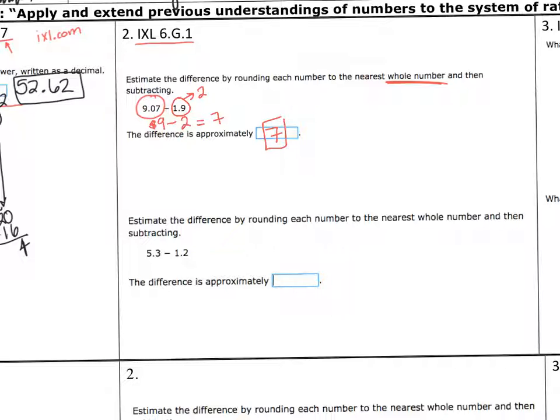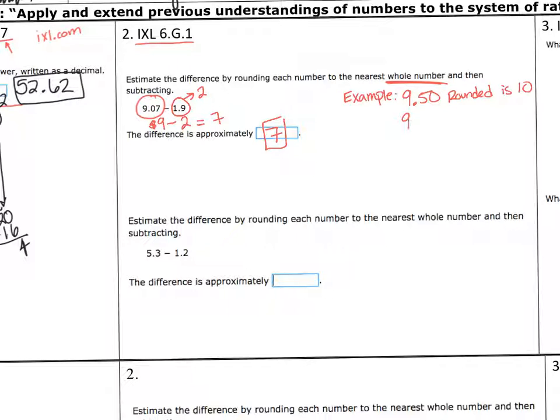So the difference is approximately 7. The way that 5 is the cutoff number, I'm going to give you an example over here. So let's say you had 9.50. That you would round up to 10, if we're rounding to the nearest whole number.